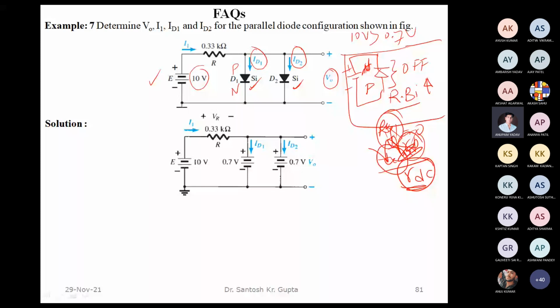Now we can see that both the diodes are connected in parallel. Because of this, the output voltage is nothing but equal to 0.7 volt.